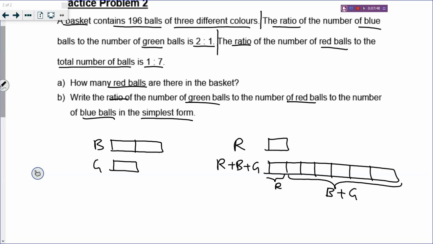Alright, so if you look at the model on the left side, you can see the blue and the green. There is a total of 3 boxes. And if you look at the blue and the green on the right side, there is a total of 6 boxes, if you notice. But they both refer to the same colors. So can I make them equal? Yes, I can.